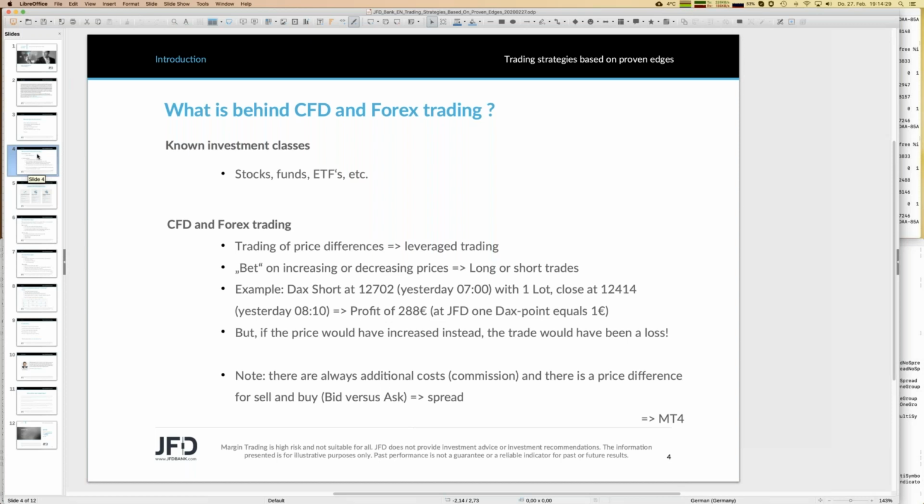If you go long with the DAX, and the DAX is at 12,000 points, you will realize that you paid 12,001. So there's a +1. And if you in the next millisecond sell it, you will get back the 12,000. So the loss is already 1 point. And that is exactly the spread. And it works in both directions.